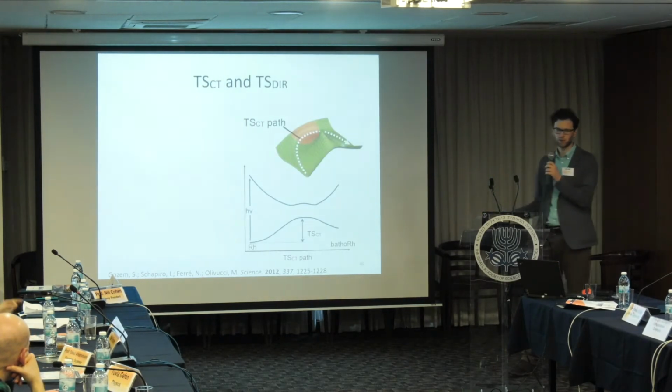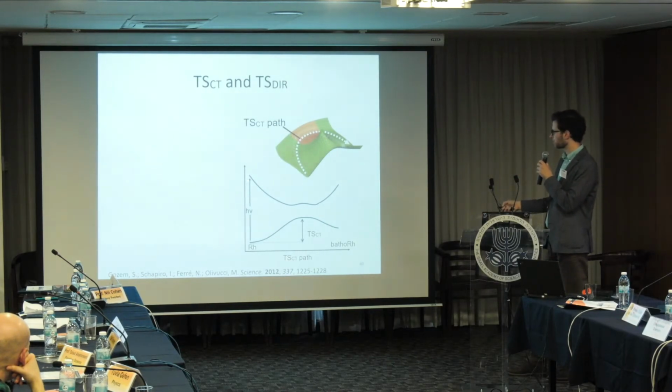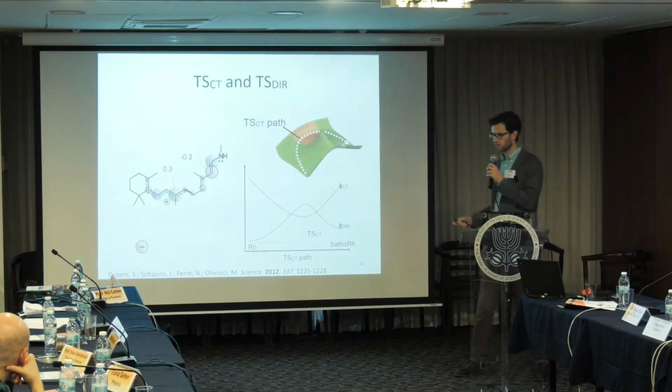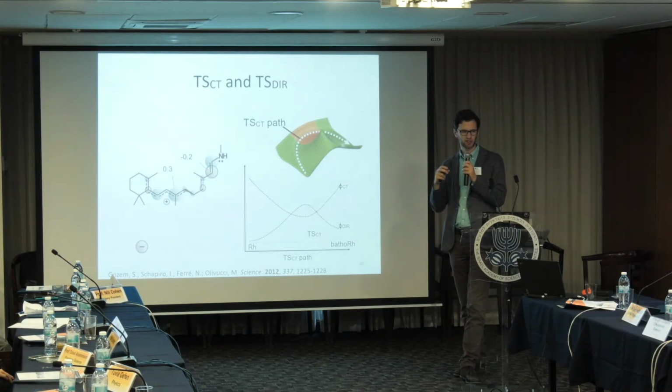And now we can explain the Barlow correlation. So here I'm showing you the excited state, this is the ground state. Now, I forgot to mention one important thing that is maybe obvious for biologists. By comparing rod cells from different organisms, the only thing that has changed is the protein environment.